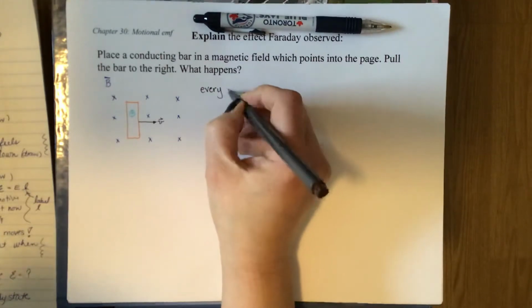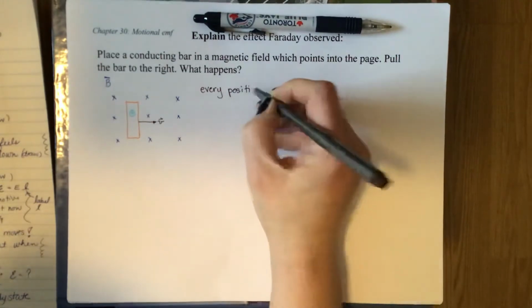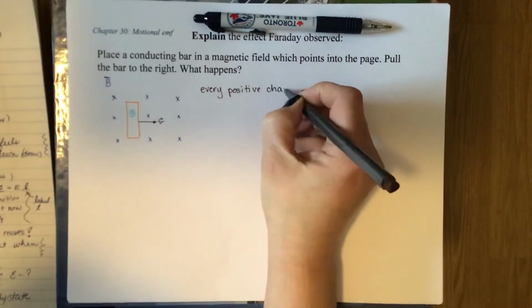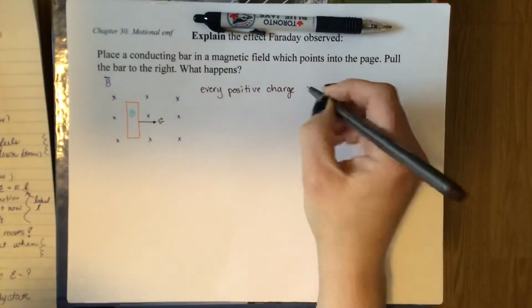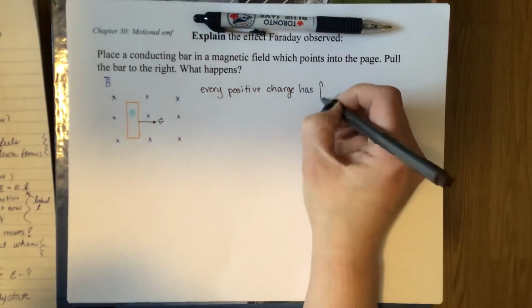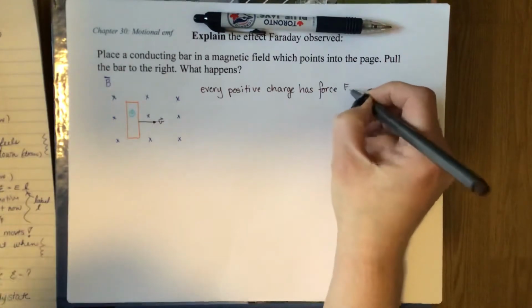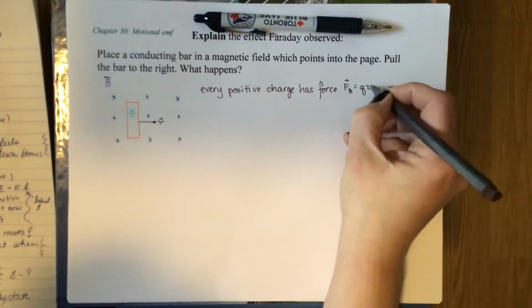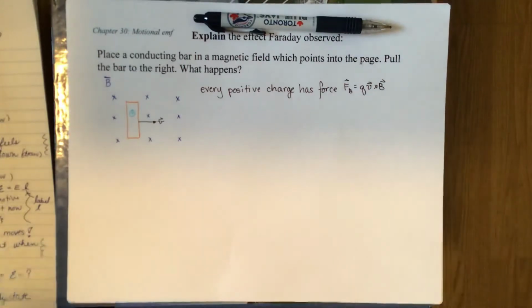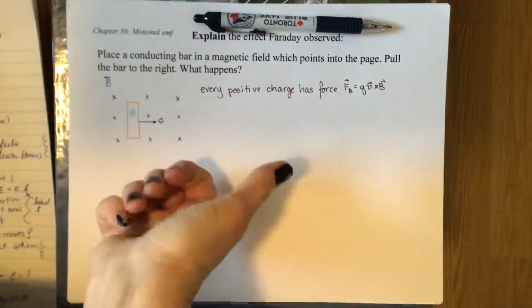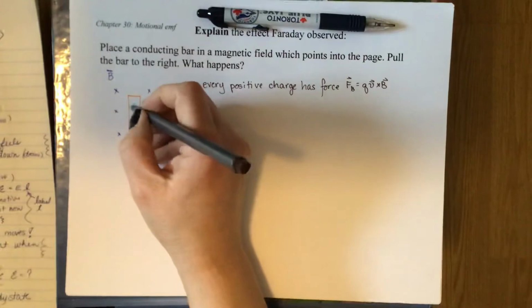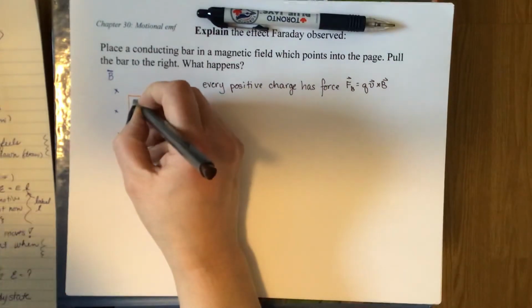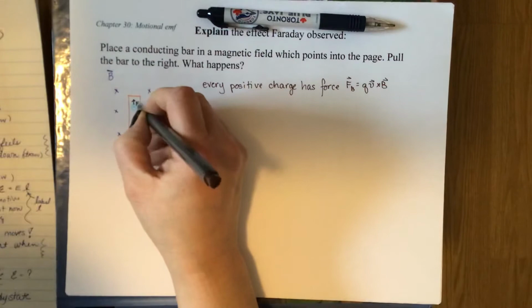So every positive charge feels a magnetic force, F_B equals qv cross B. So now we'll ask what's the direction of that force. So we do v cross B to get a force that points up towards the top of the bar. So that magnetic force pushes that positive charge to the top of the bar.